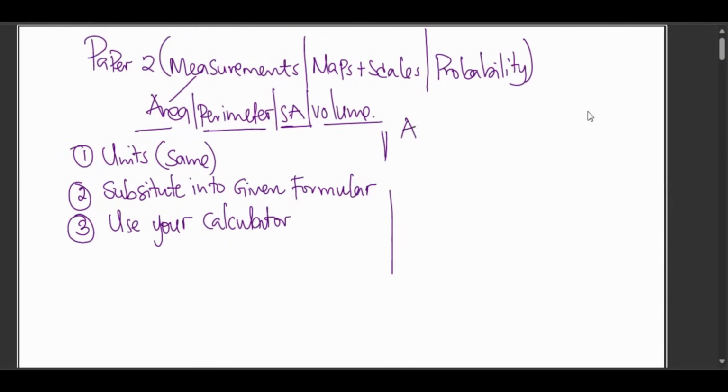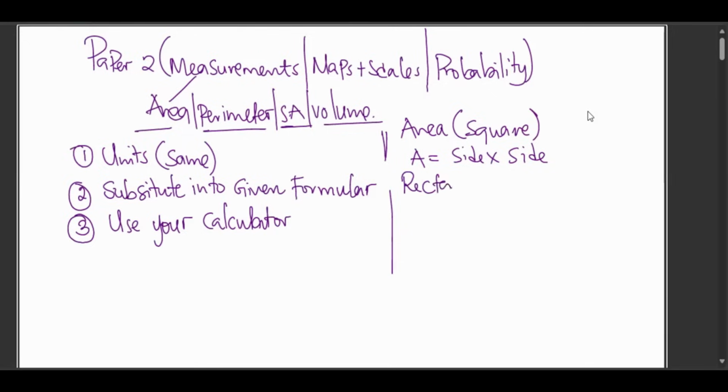Okay, let's look at area. If it's the area of a square, what are you going to do? The formula for area of a square will be area equals side times side. For a square, they will only give one side, then you get that. What about the area of a rectangle?